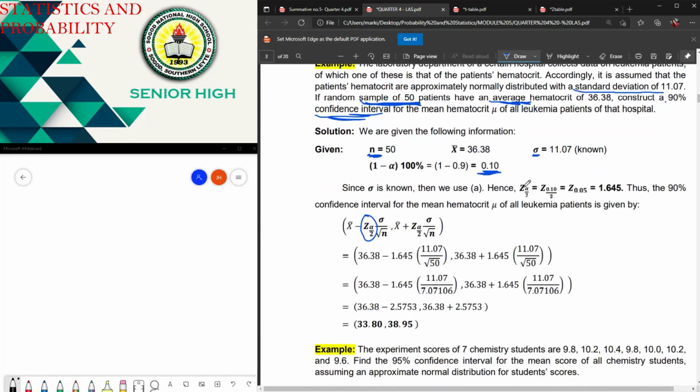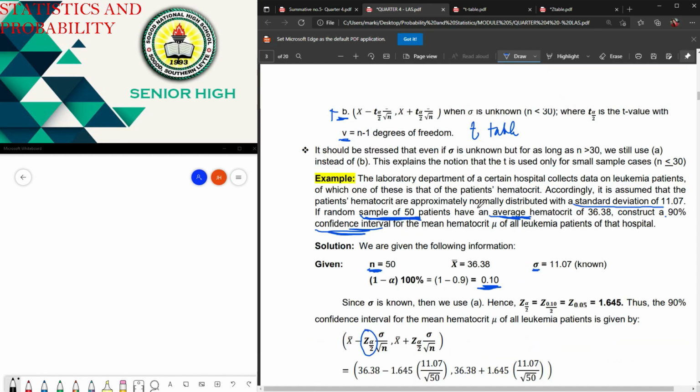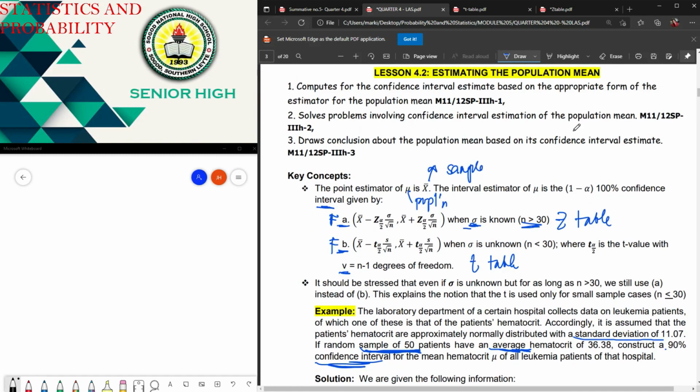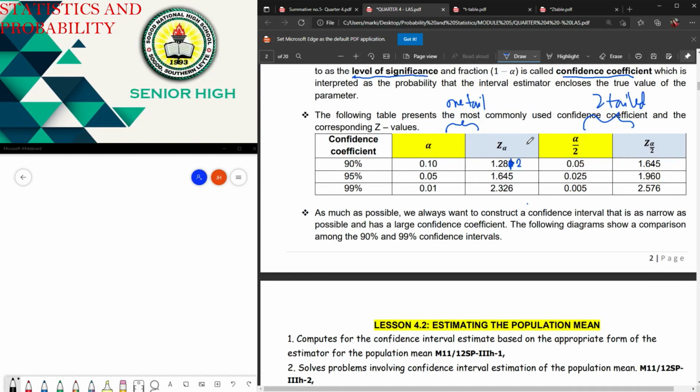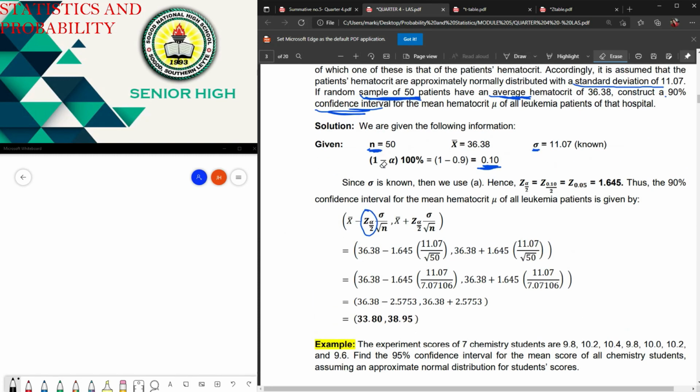No, wait. Let's go back. It's not 1.28, because it's not yet a formula. Since the standard deviation is known, we use this one. Again, go back to the formula.